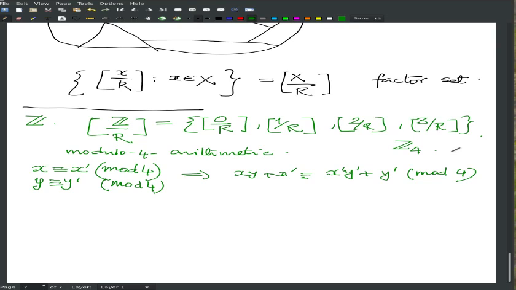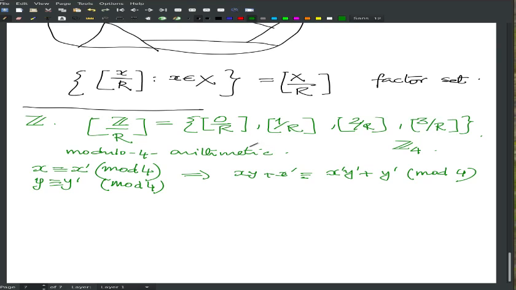So you see we have another set whose elements are equivalence classes. So as if I have factored, I have divided the set Z into 4 different elements. So Z4 has only 4 different elements.